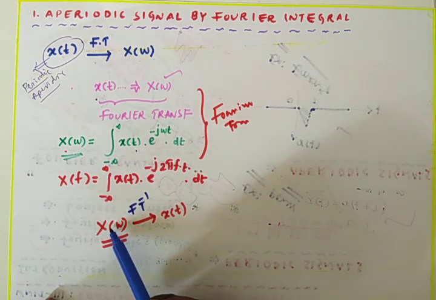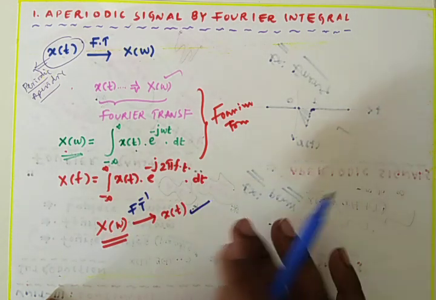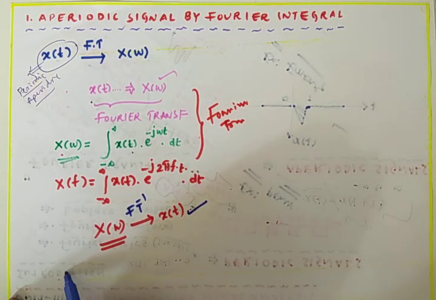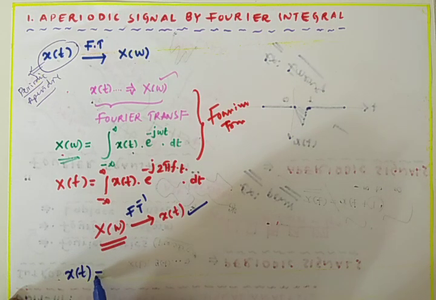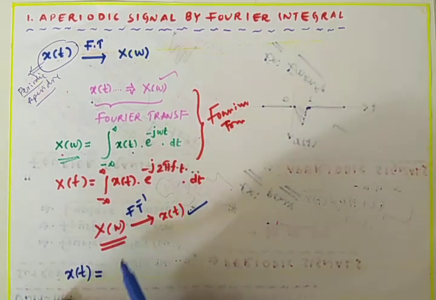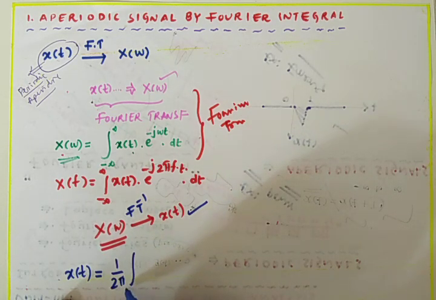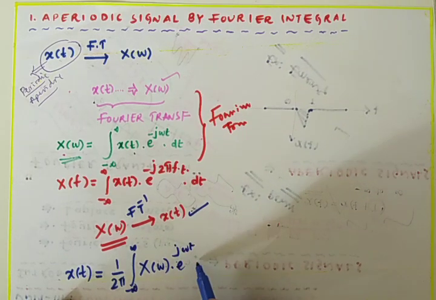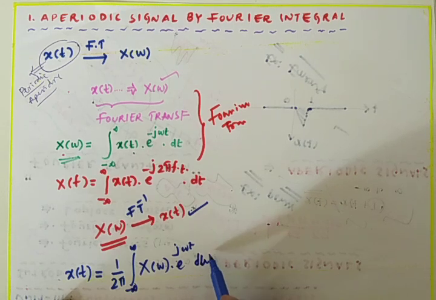If we apply the inverse Fourier transform on x of omega, the frequency domain signal, we will get the time domain signal. That is, x of t equals 1 by 2 pi times the integral from minus infinity to plus infinity of x of omega e to the power of j omega t d omega.